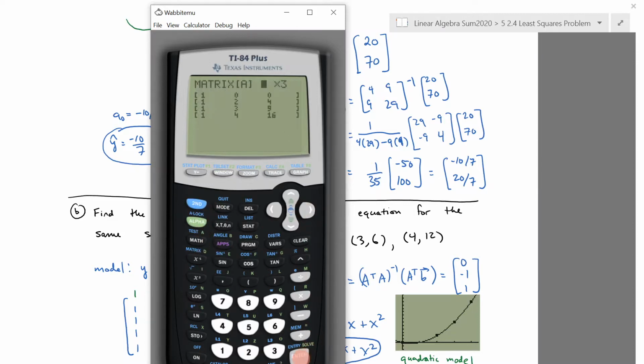Let's augment the matrix A. The y values were 0, 2, 6, and 12.